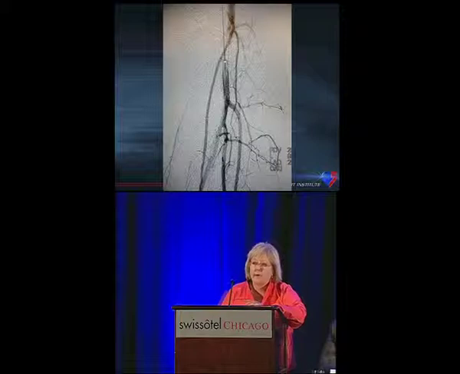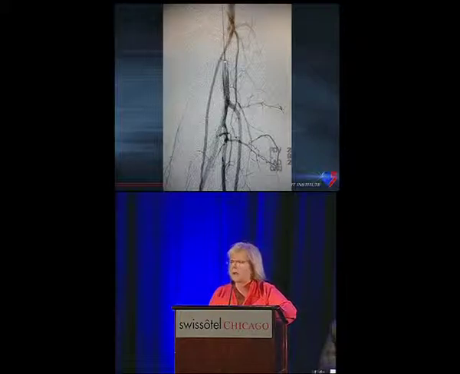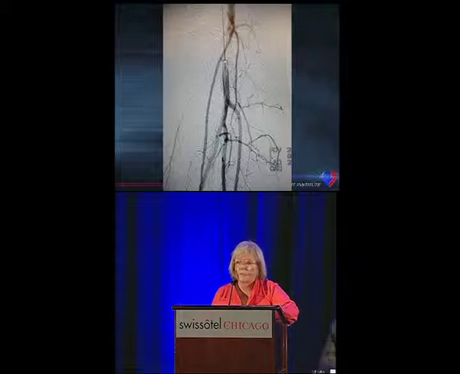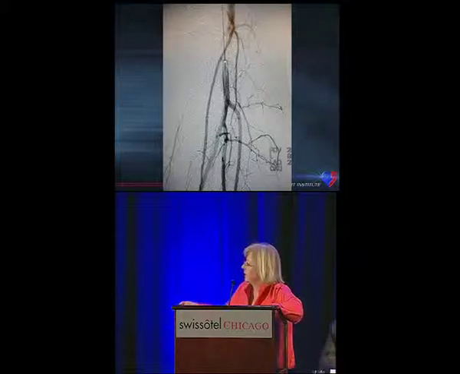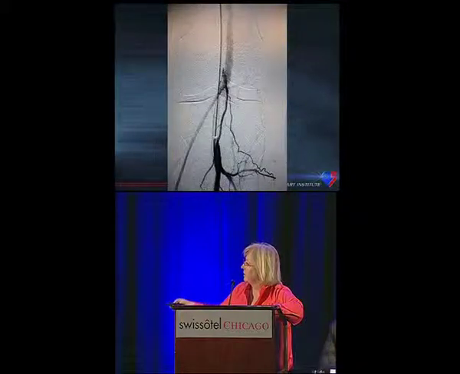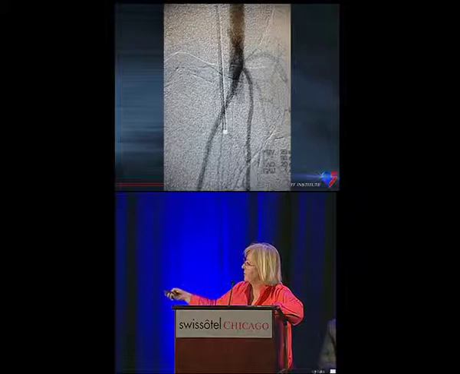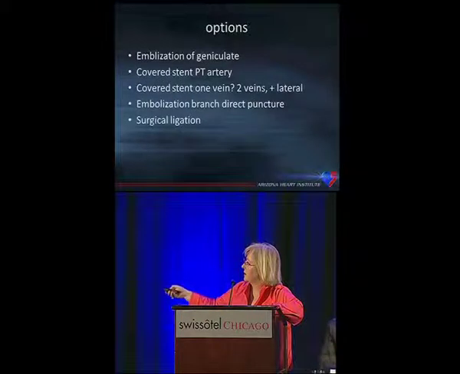So we were left with the option of trying to embolize small branches that feed the geniculate arteries. One in particular came off the anterior tibial right here and connected directly to this area. So we were able to get back up into one of these branches here that fed directly into this neck. And in the end, we were able to put coils right at this point.